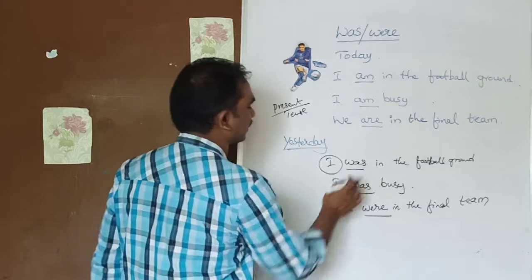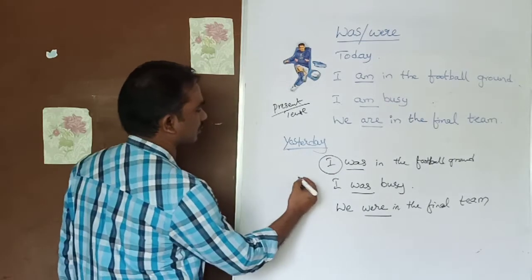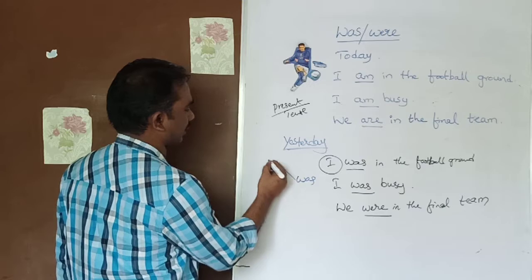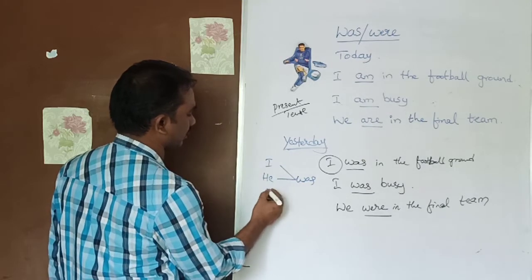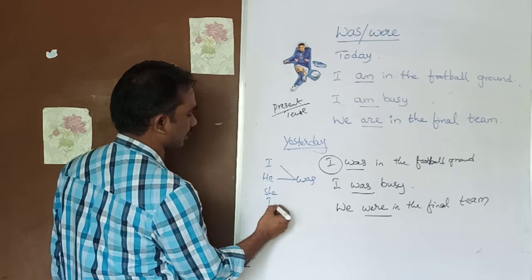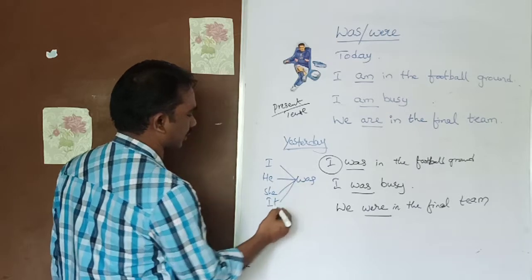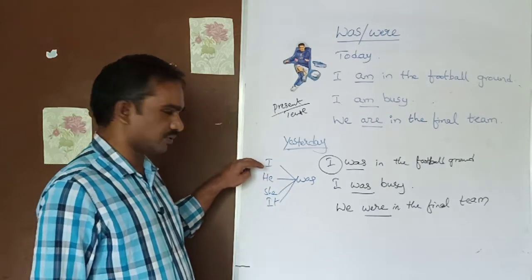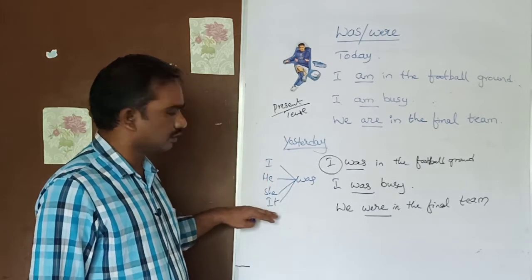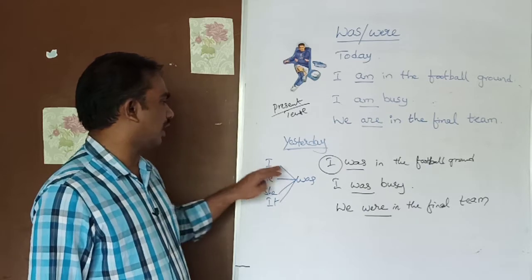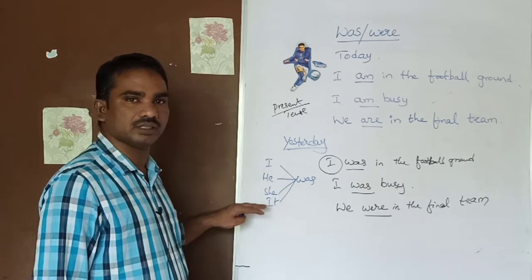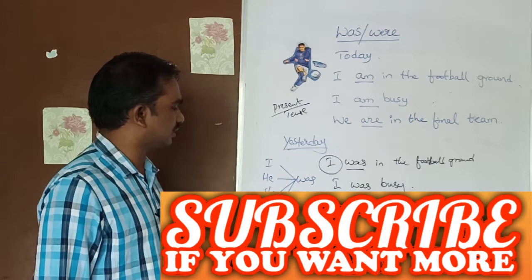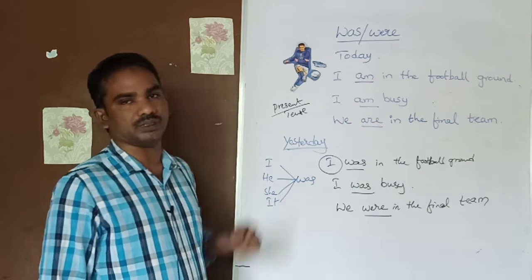Was is used with subjects like I, he, she, it. So this is the first person pronoun and these are the third person pronouns. I was busy. He was busy. She was busy. It was busy.